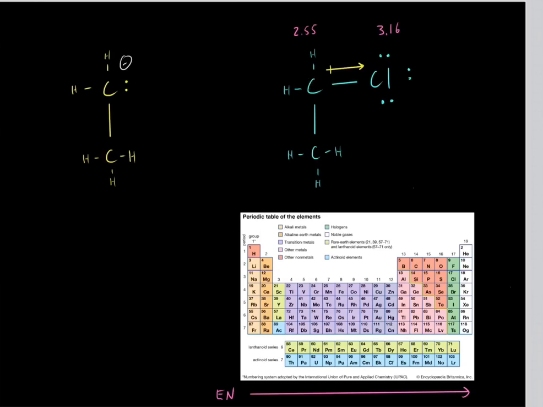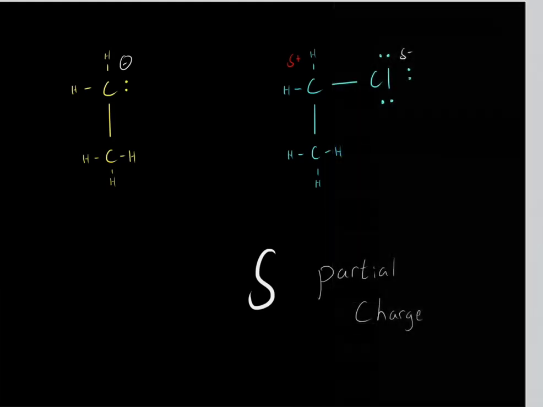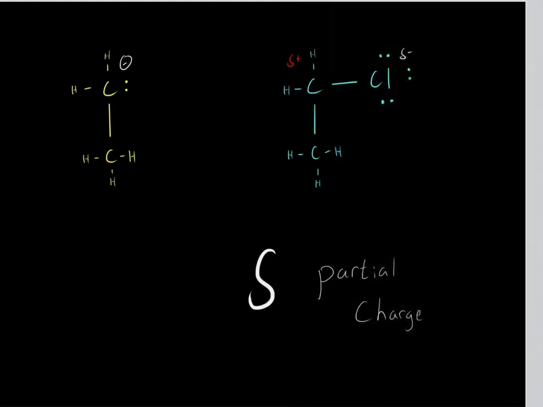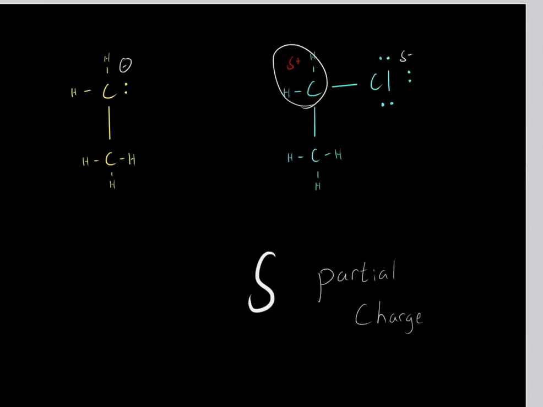So as that negative charge density is attracted to the chlorine, what's going to happen is this chlorine is going to hog the negative charge density, so it's going to have a partial negative charge. And this carbon is going to have a partial positive charge, because again, all that negative charge density is being hogged by the chlorine. So this carbon is losing negative charge density, so now it has a partial positive charge.